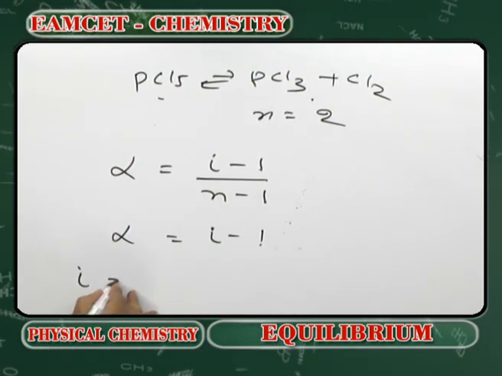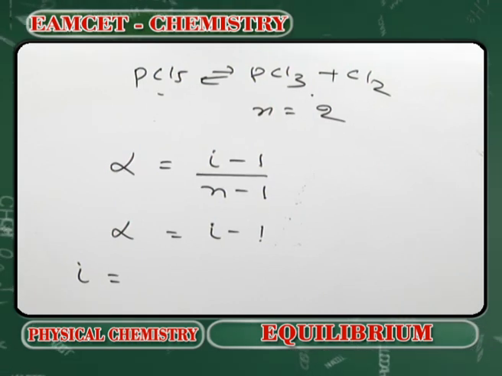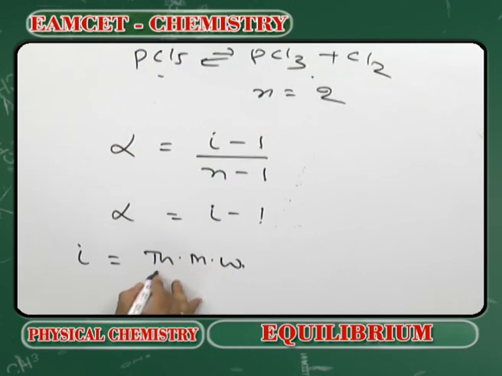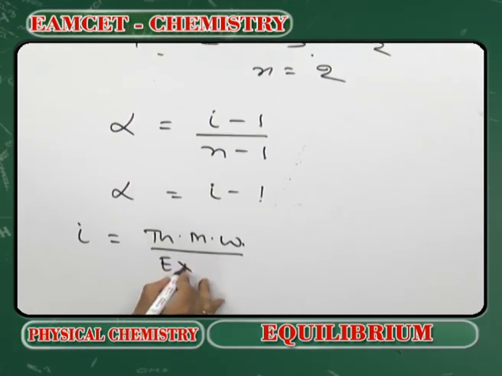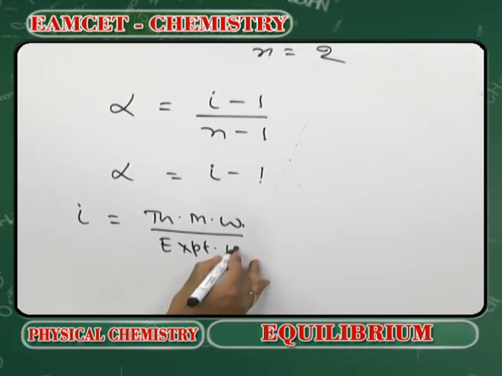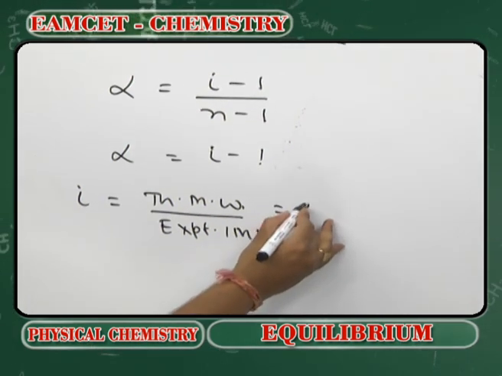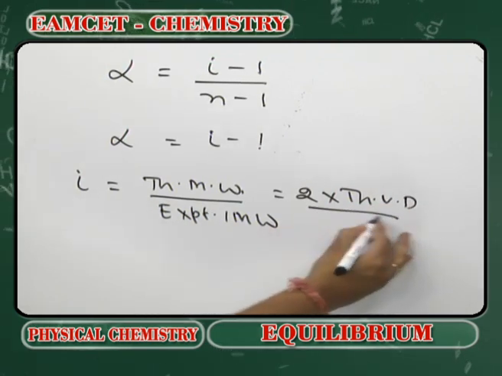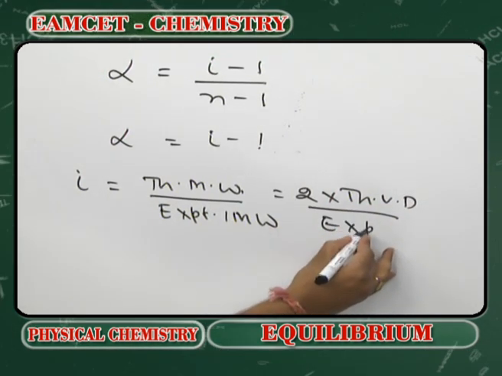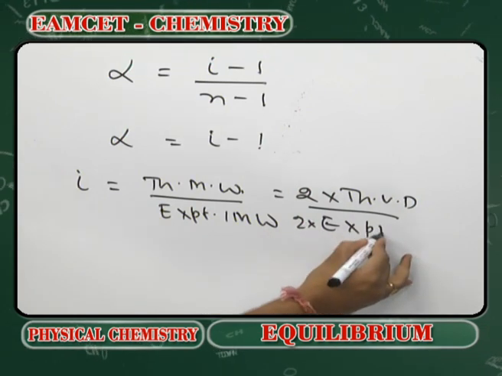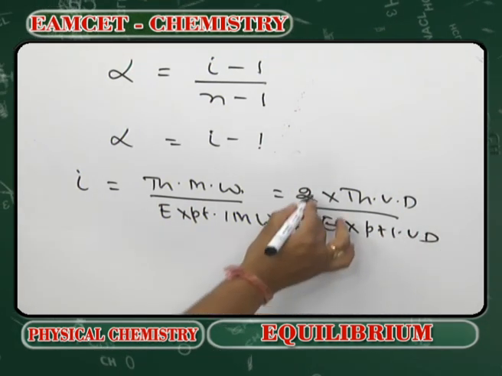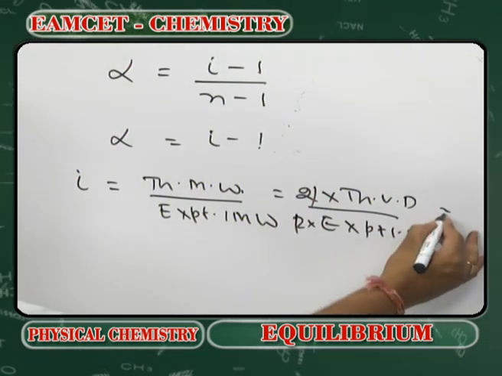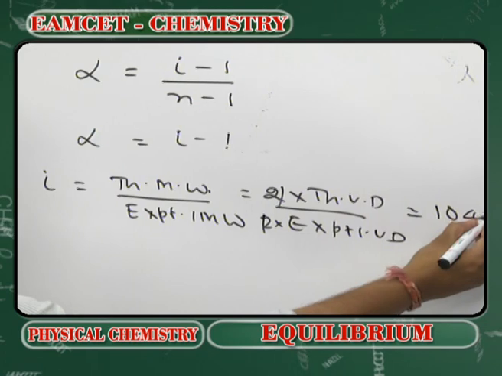So how do you get the i value? Theoretical molecular weight by experimental molecular weight, which is equal to 2 into theoretical vapor density by 2 into experimental vapor density. So 2 gets cancelled out. What is the theoretical vapor density? 104.16.